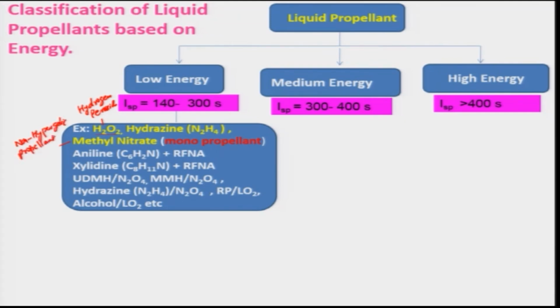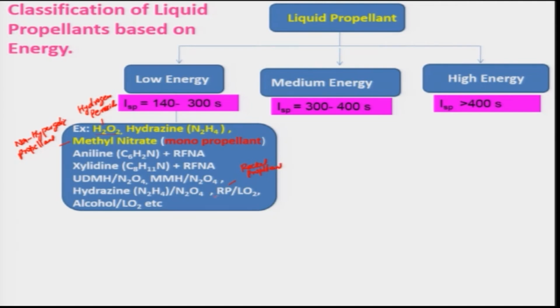Besides this, there are several other bipropellants, particularly aniline and RFNA, that is red fuming nitric acid, xylidine and RFNA, UDMH and N2O4, MMH, that is monomethyl hydrazine, and nitrogen tetroxide, and RP, meaning rocket propellant, and liquid oxygen.